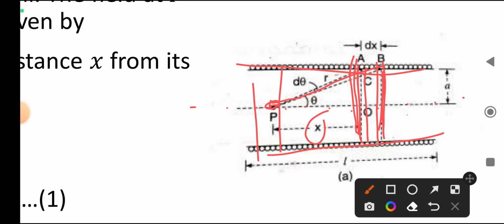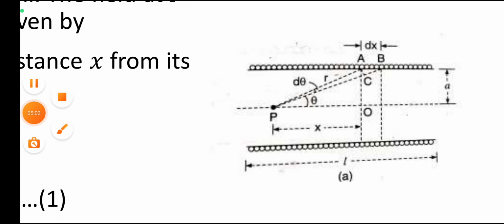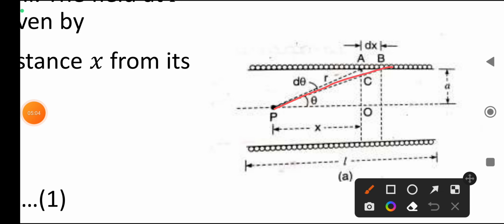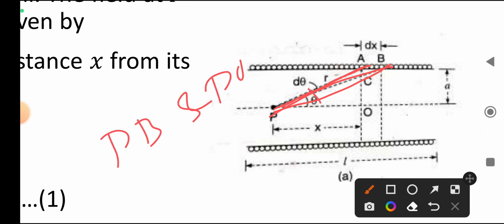Let it make an angle theta. Here are the two ends, so P to B and P to A. In between them there will be a small gap, which makes a small angle d theta.